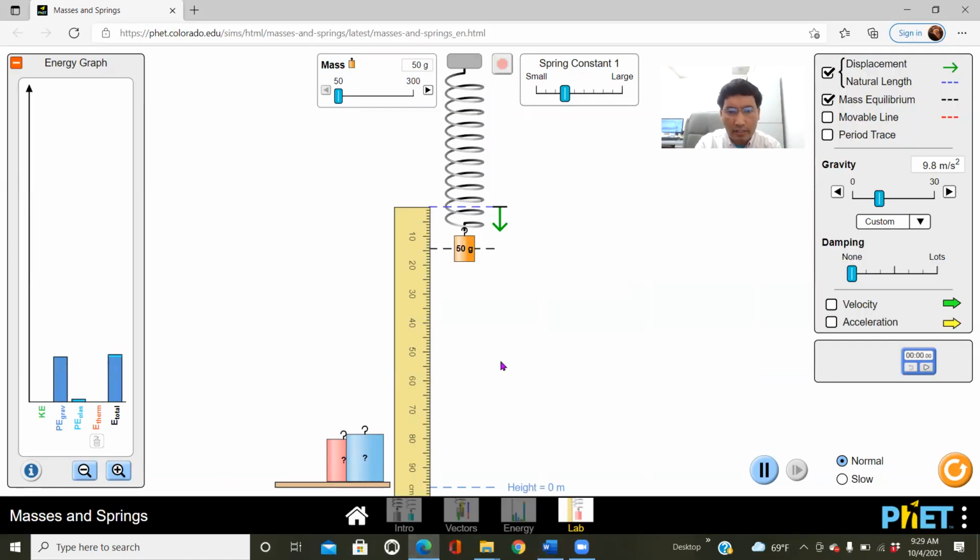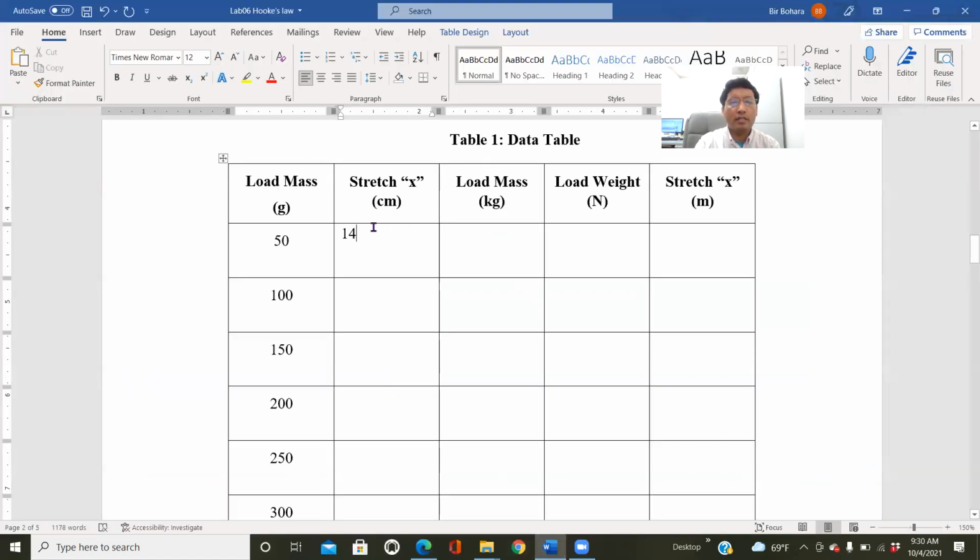Let me check again whether it's in centimeter. This scale is in centimeter. This is 10 here. If this line matches this big line, that is 15, but it is here, so it means it's 14. So going back to the table, now you have the extension X and mass.